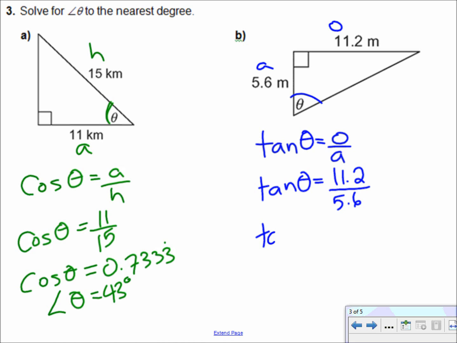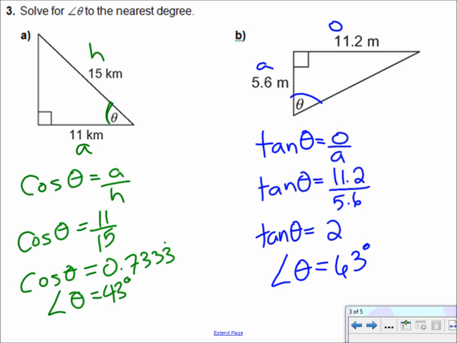I'm going to get my decimal here, 11.2 divided by 5.6, and I get 2. Now I'm going to do second function, tan, 2, equals, angle theta is equal to 63 degrees.